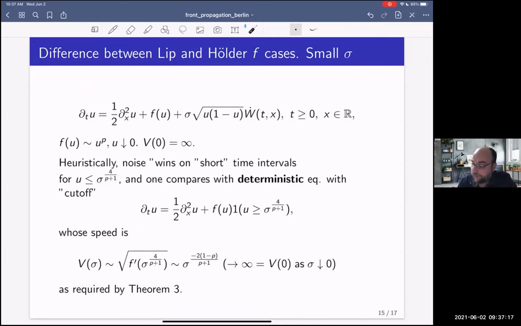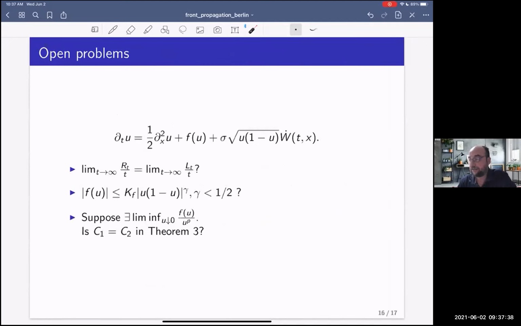It should be the square root of the derivative of the drift around this point, and this gives you exactly the right order of the speed for small sigma, as required by Theorem 3. So again, we can compare this stochastic equation with the deterministic one. And the last slide: what can be the open problems?